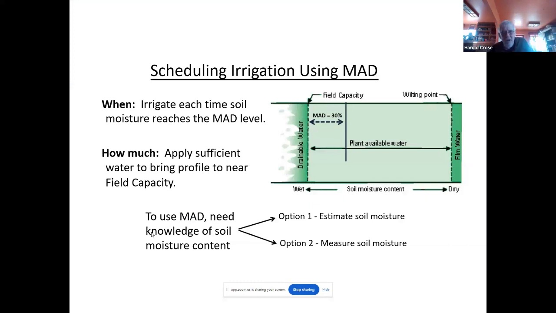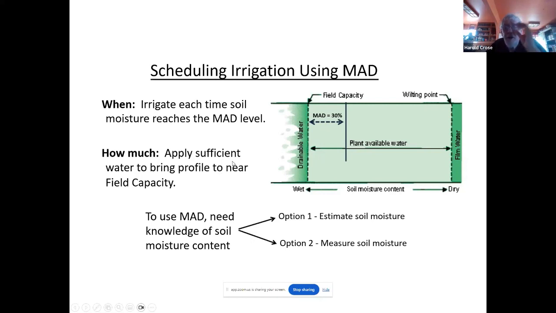So this is kind of a diagram of what MAD looks like, management allowed depletion. So you irrigate each time the soil moisture reaches the MAD level. So you can see here, drainable water. This is field capacity. We talked about field capacity, where the soil is taking in all the water it can. And if you overfill that profile, the water that you're trying to put on will run off the field.